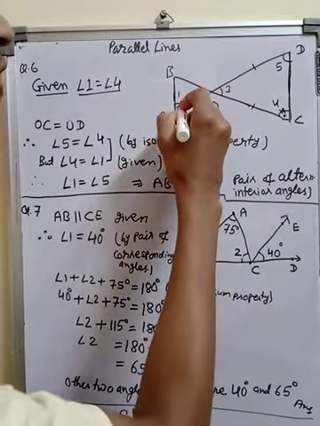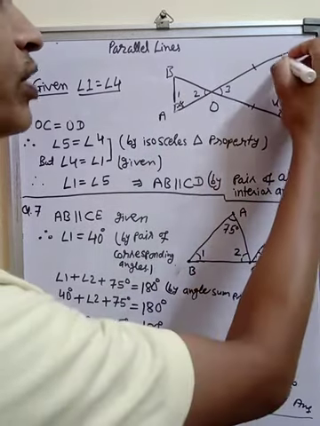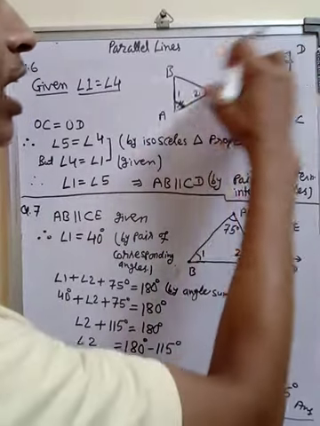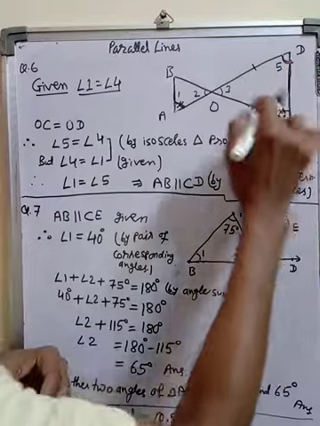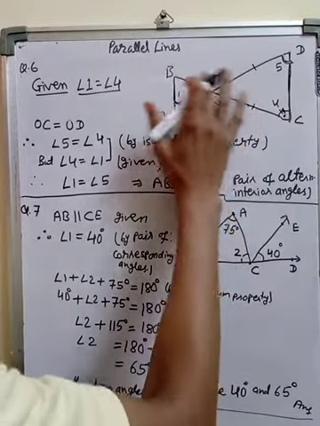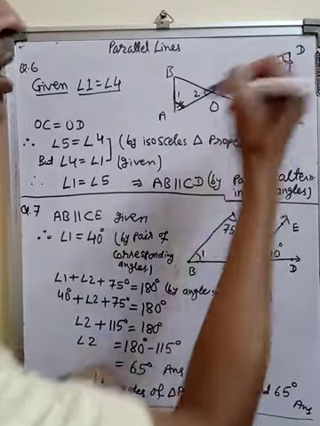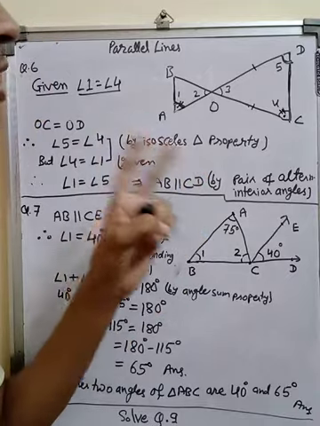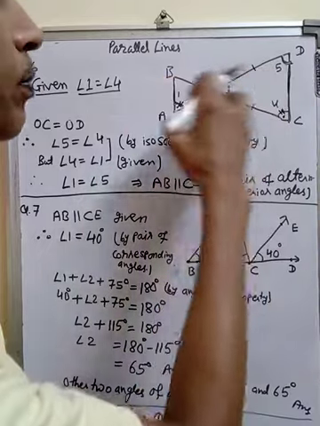So now we have proved that angle 1 is equal to angle 5. Now you see, which type of pair is this? This is an alternate interior angle pair. See carefully. If you rub out this line, you can clearly see this is an alternate interior angle pair, and we know that if two alternate interior angles are equal, it is possible only when the lines are parallel.